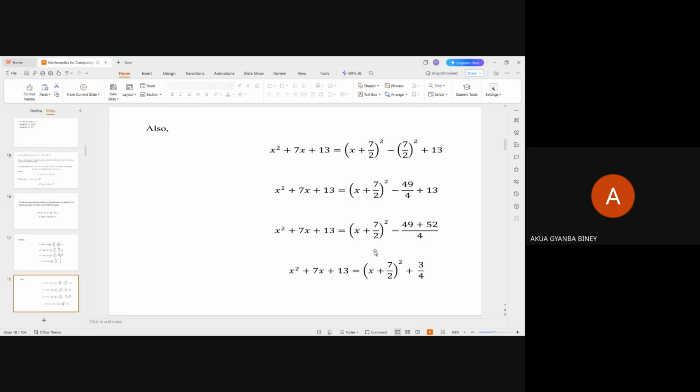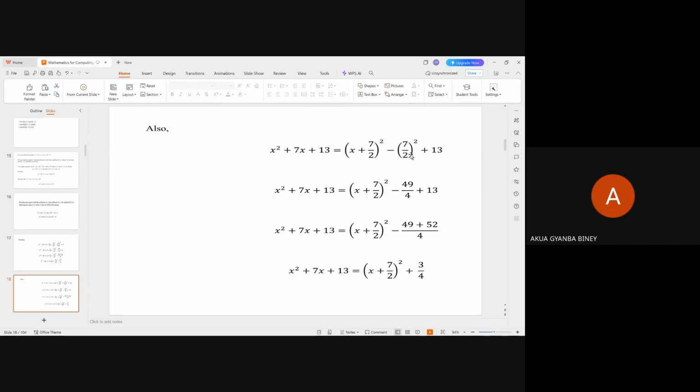And then the third question or example, this was the expression, and we have to express it in another form. So the same process. Take your b, divide by 2. So your first part, x plus 7 over 2 all squared. Minus, so you subtract what you did inside the bracket here.